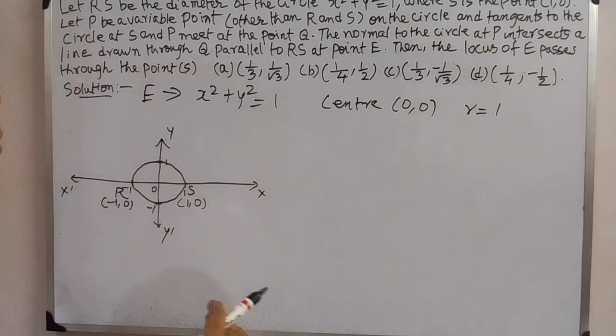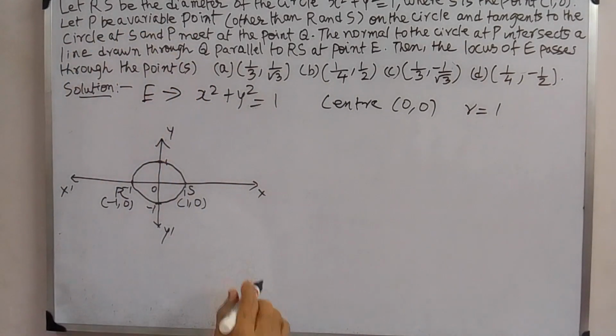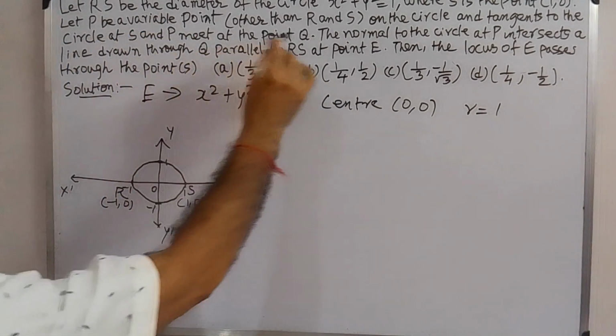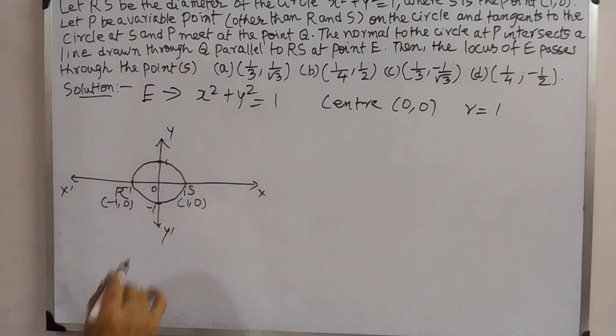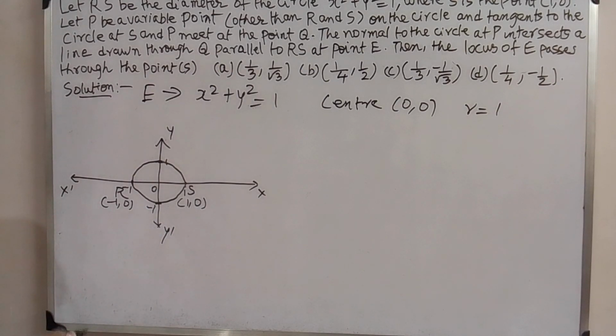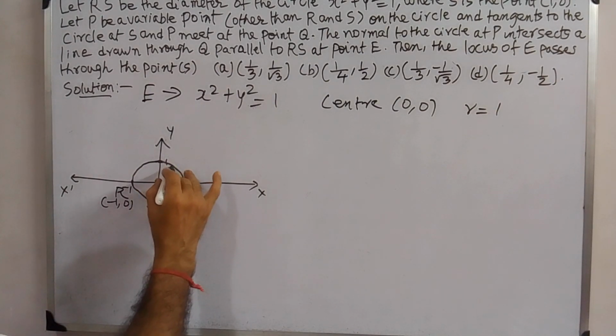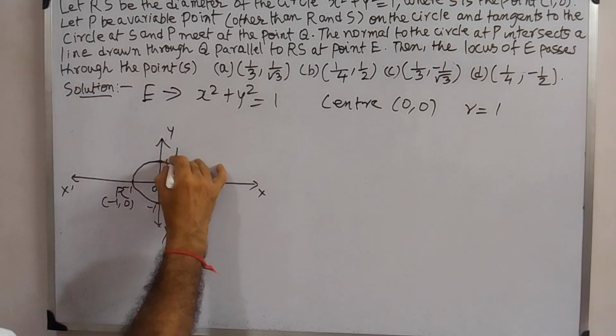Now further, what is given to us? Let P be a variable point other than R and S. So P is any point on the circle, a variable point anywhere on this circle other than R and S. Let this point be P anywhere on the circle.